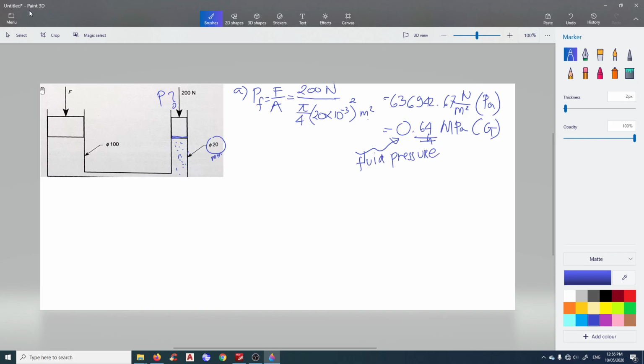So this pressure, 0.64 megapascal, will be transferred in all directions by the fluid without loss through here. So the fluid is pushing by 0.64 megapascal there. Question B was asking what is the force of the ram, which is there.